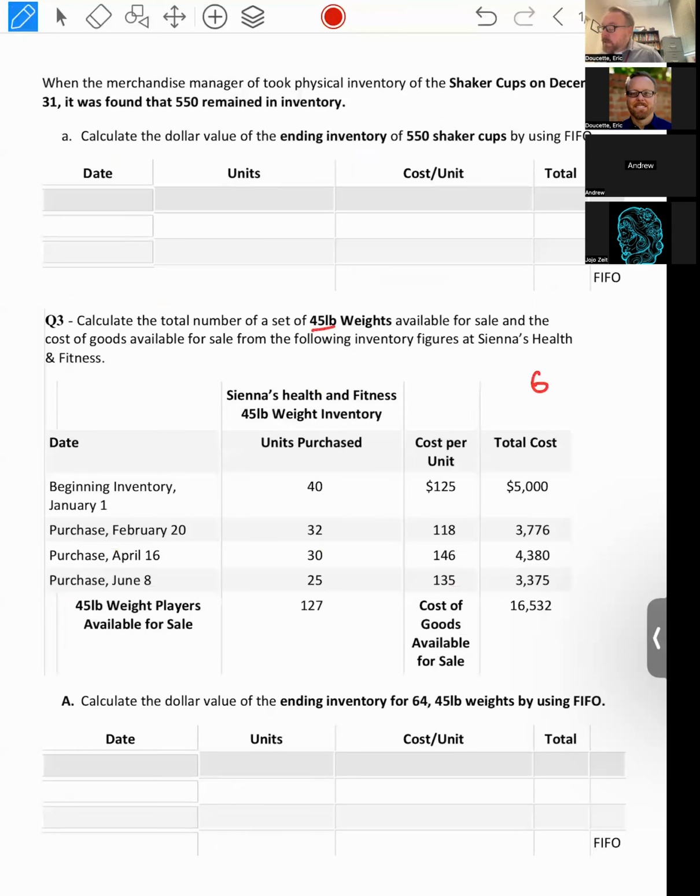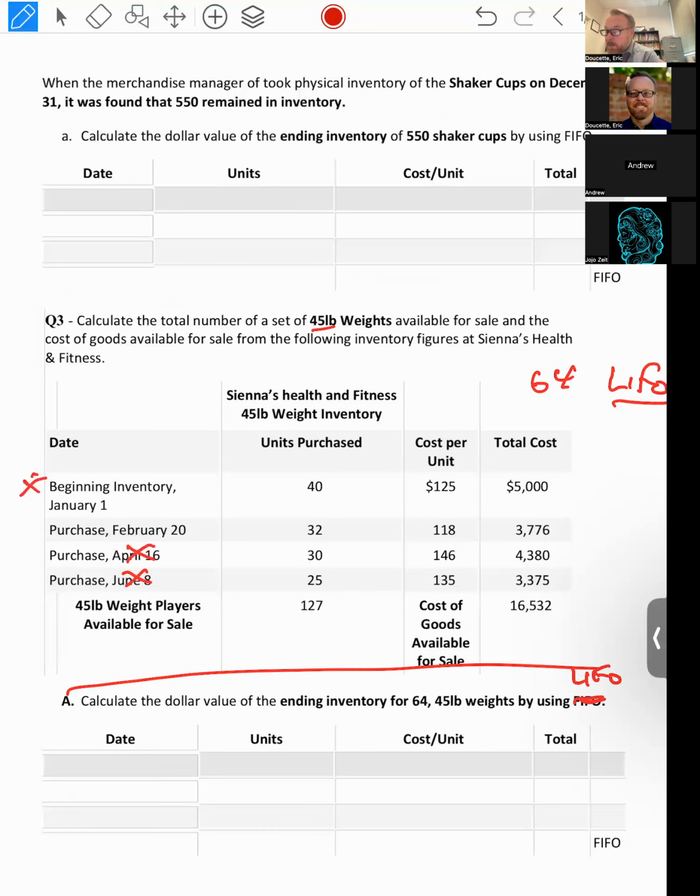So we said there were 64 using LIFO. So same list, but we'll just change it here. We'll do it LIFO here instead. So we have 64 left. Well, if the first ones in were the first ones sold, or excuse me, the last ones in, LIFO, last in, first out, that means this one's probably gone, this one's gone.